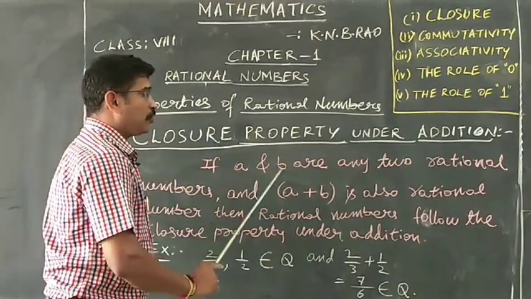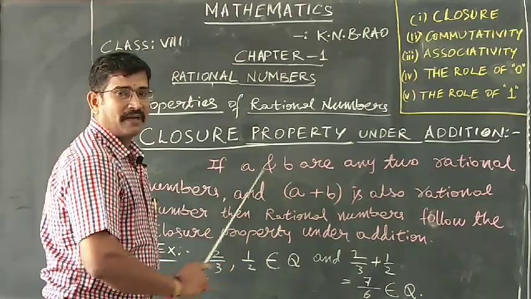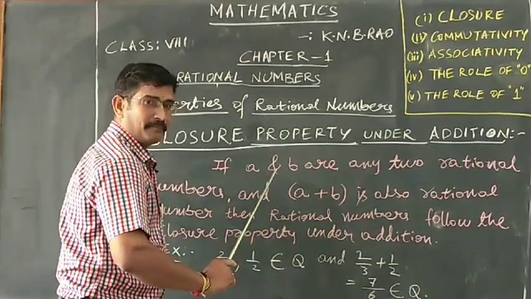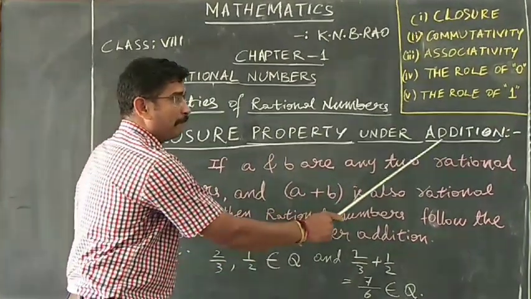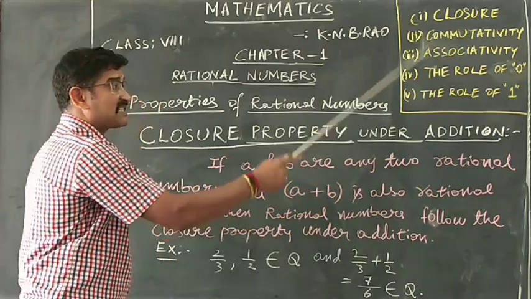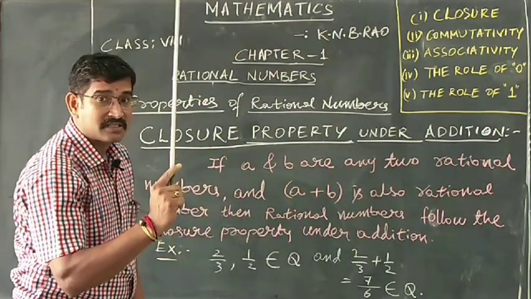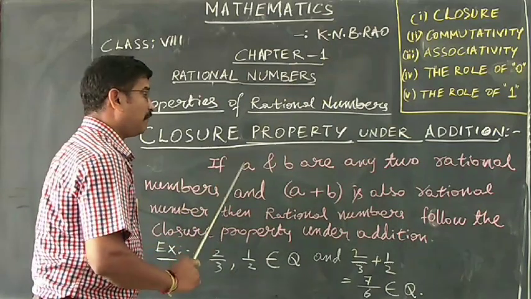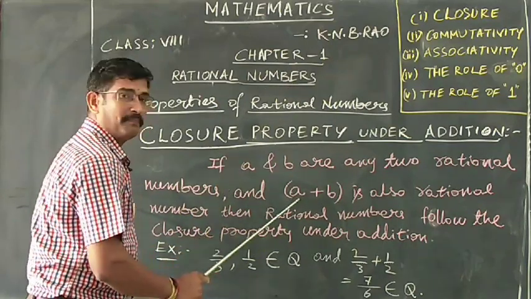If I have any two rational numbers, then if I add them, the sum, you know the terminology, sum of any two numbers, this is called sum.